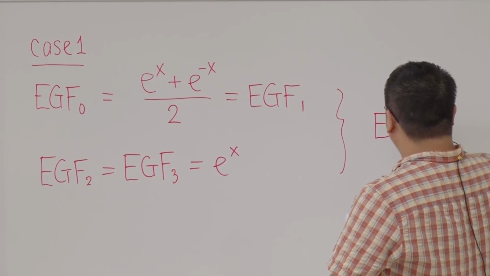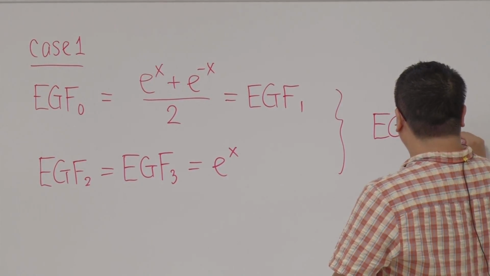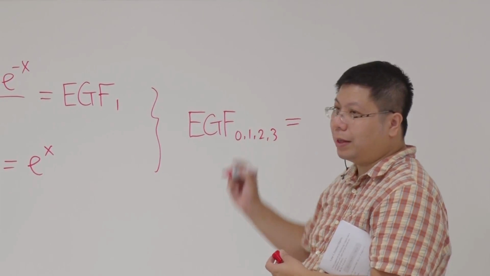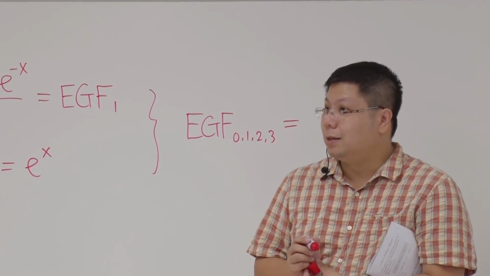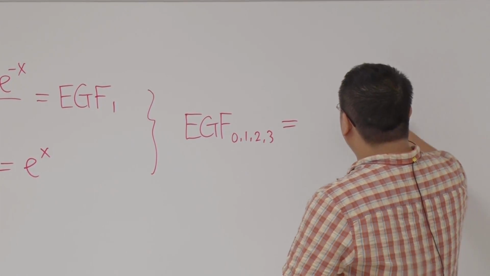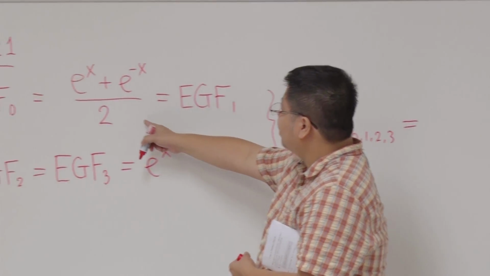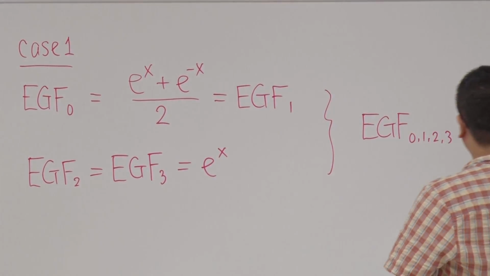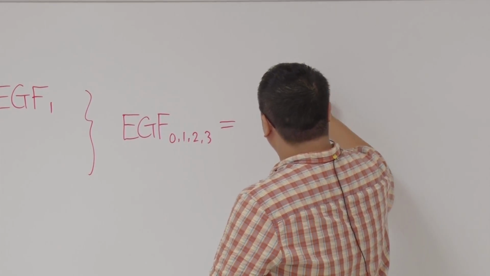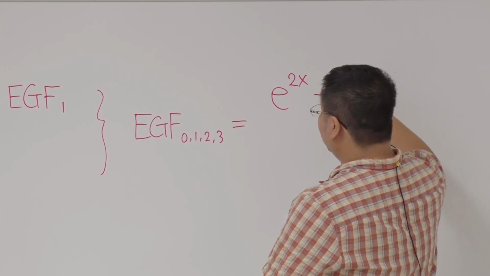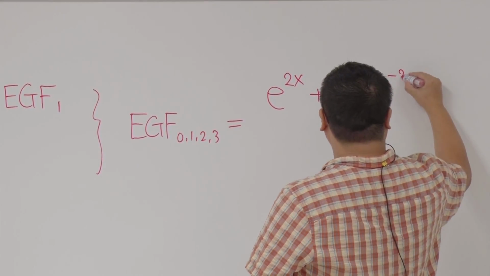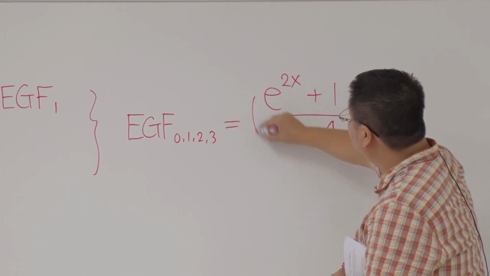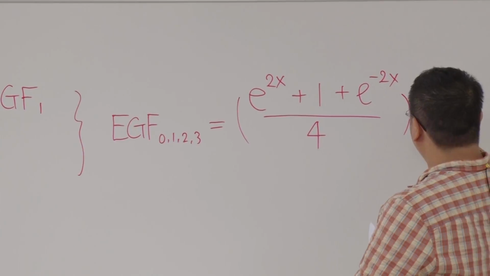Is that okay? Good. So in case 1, the EGF that we can choose 0, 1, 2, 3, anything of this one will be equal to what? We multiply all of them together. So it is like e to the power 2x plus 2 plus e to the power minus 2x divided by 4, and then I have this one multiplied by e to the power 2x.